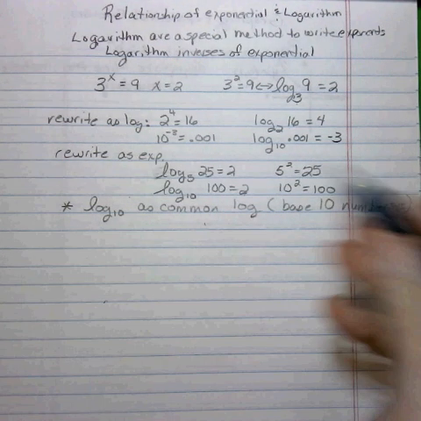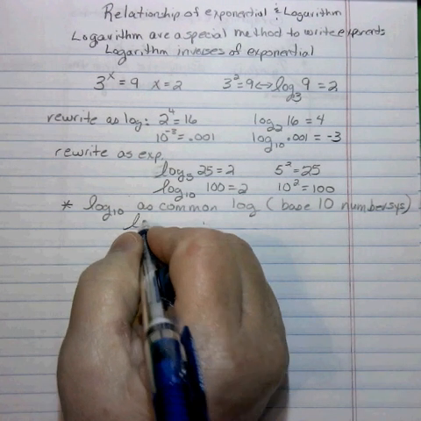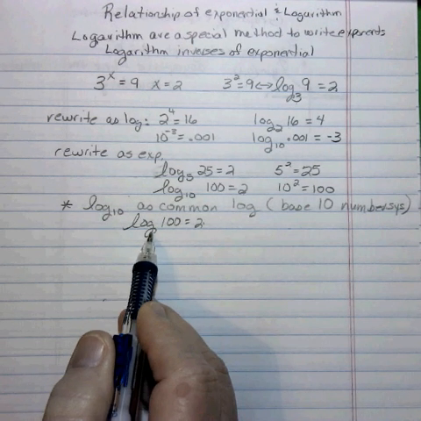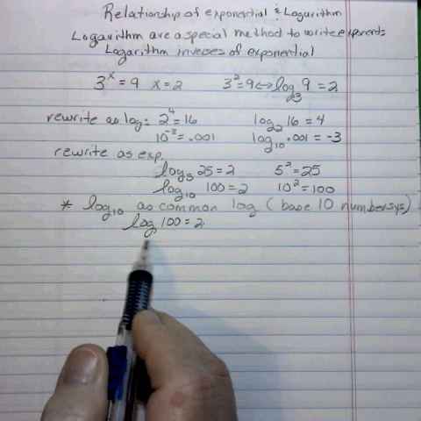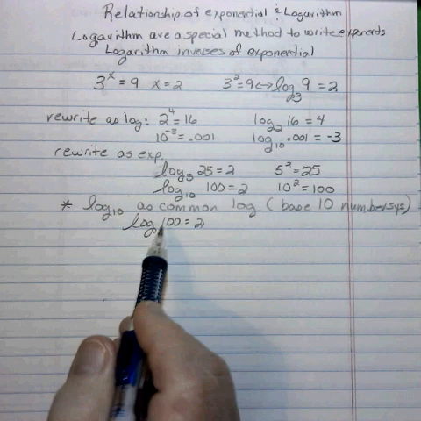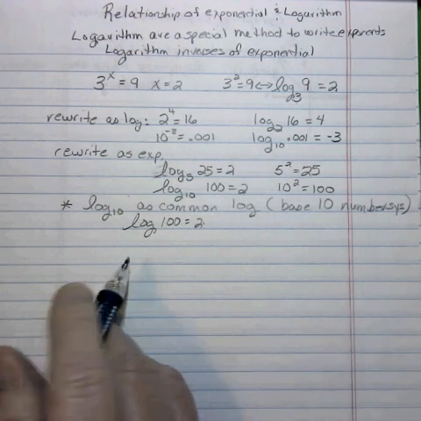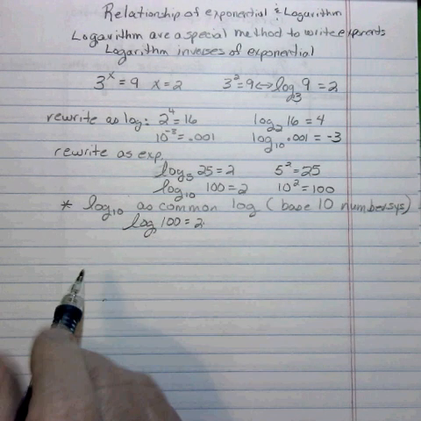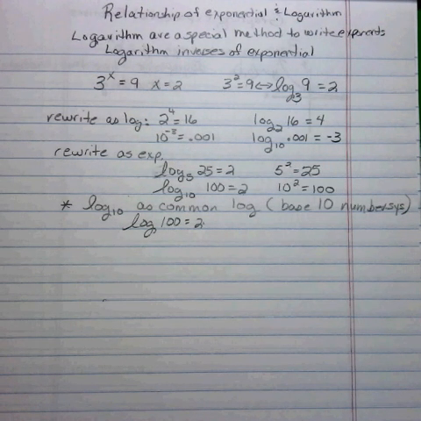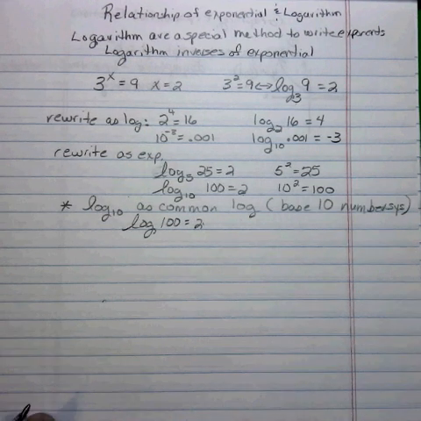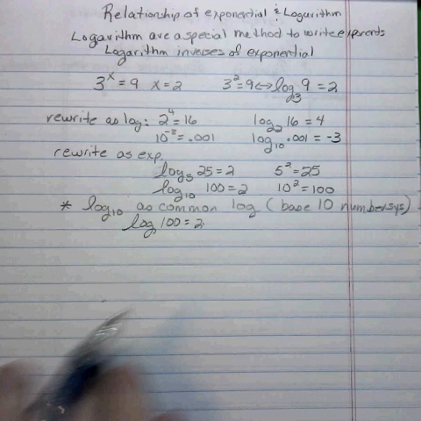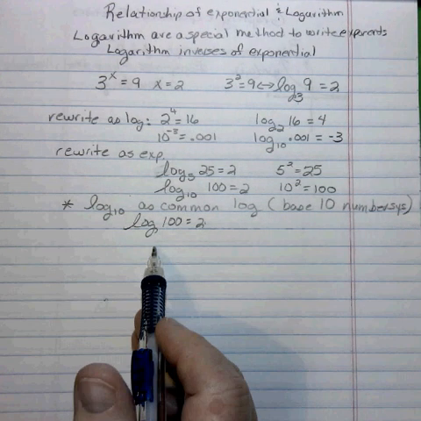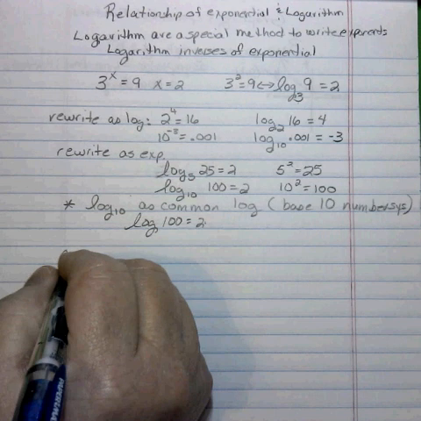So we could write this as log 100 equals 2, and it's understood to be base 10. If it's any other base than 10, you do have to put the subscript there. But if it's base 10, you don't have to put the subscript. It is understood to be base 10. A problem we have with that is that calculators are only set up to use base 10 in your calculators.